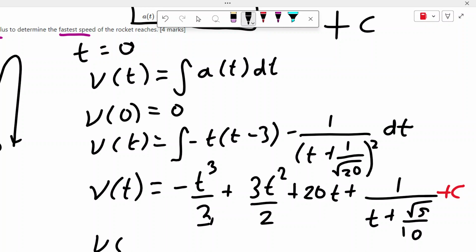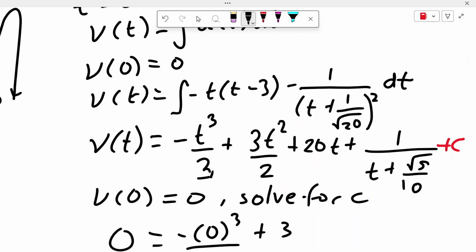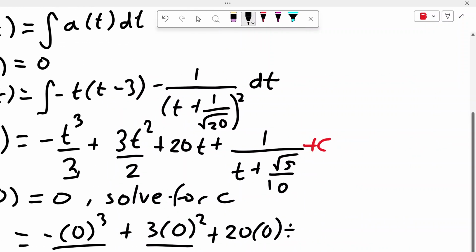So we say v of 0 is equal to 0, and we say solve for c. So you can write out the equation, or you can just punch in the answer using the calculator, or we can say 0 is equal to 0, and that is meant to be a plus.